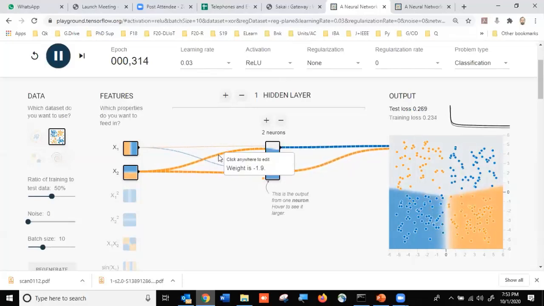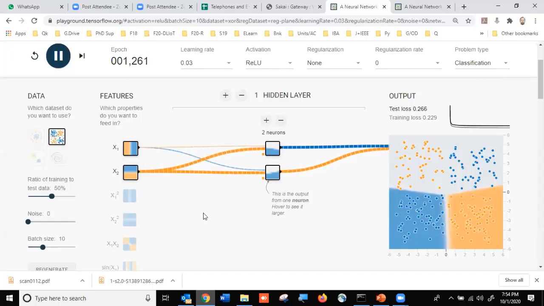The width of this dotted line indicates the absolute value of the weight. So here it's negative 1.9, which is a little higher than this, which is negative 0.35. This is plus 0.48; both of them are fairly small. And these two values are fairly large: negative 2.8 and negative 2.8, okay?